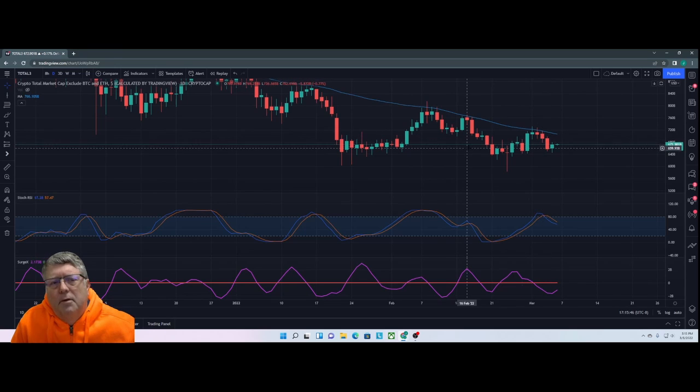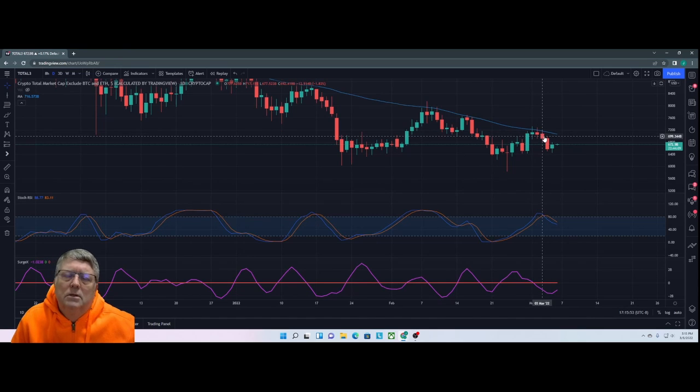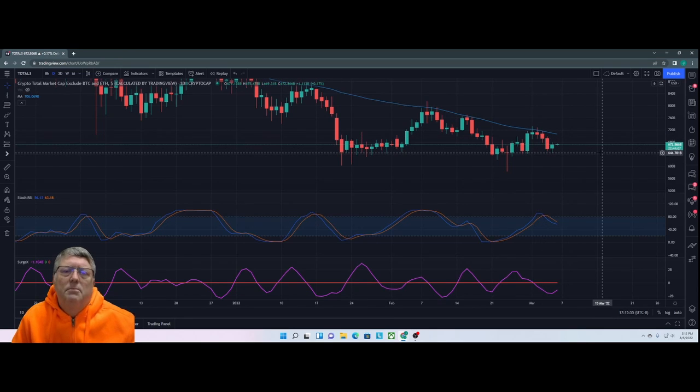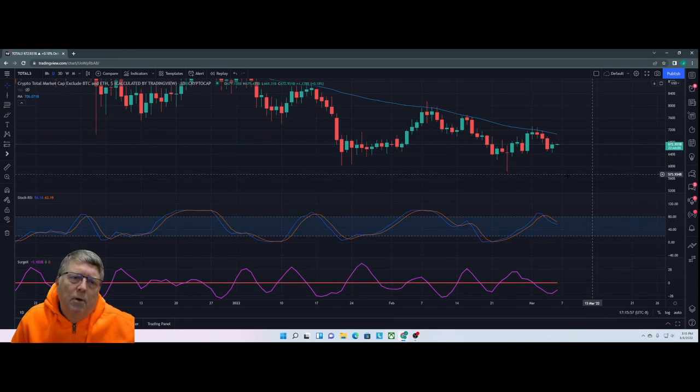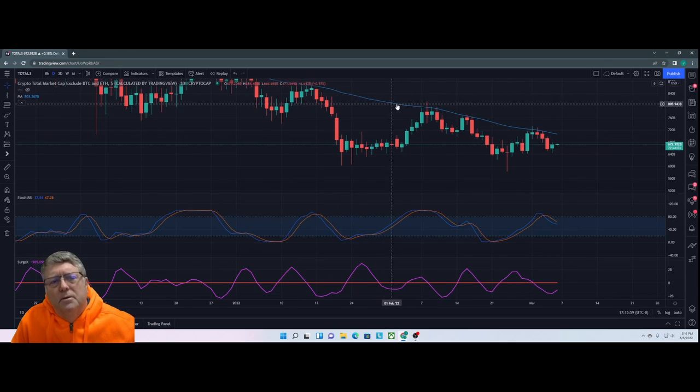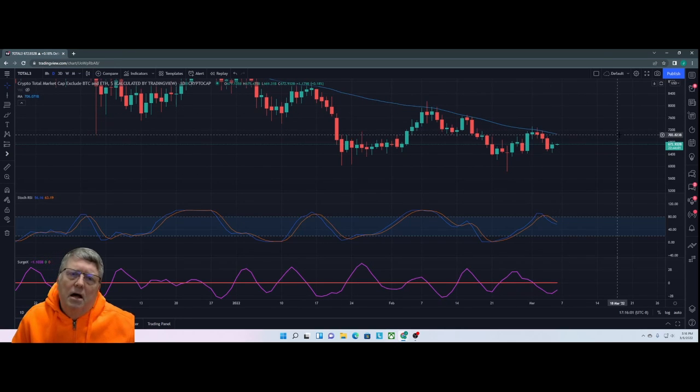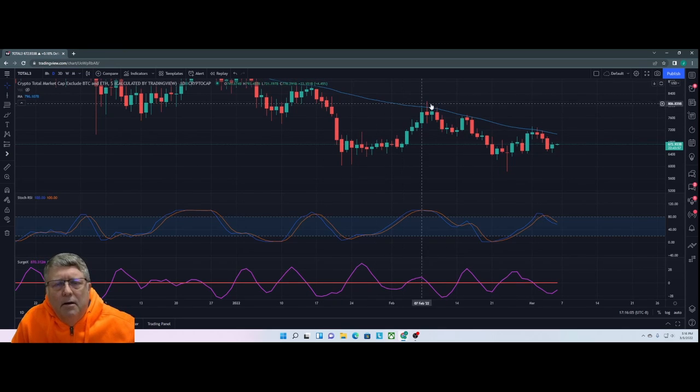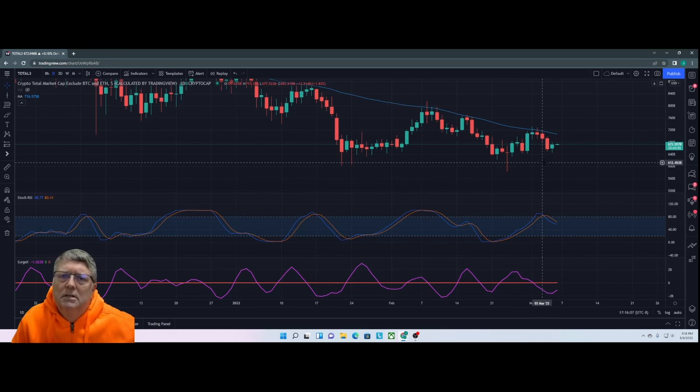However, if you're trading with the trend on the way down, that is an entirely different story, right? So then you can make a rule where you say, okay, when I'm trading with the trend, I'll use the 50% retracement. When I'm trading against the trend or against the moving average, I'll use a 0.786 retracement.